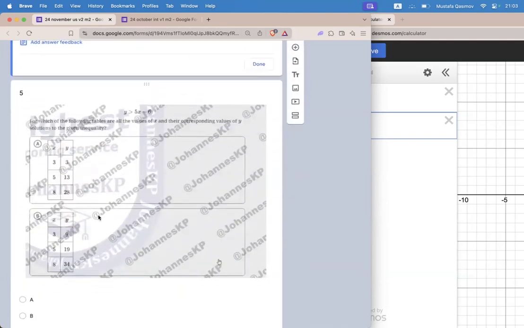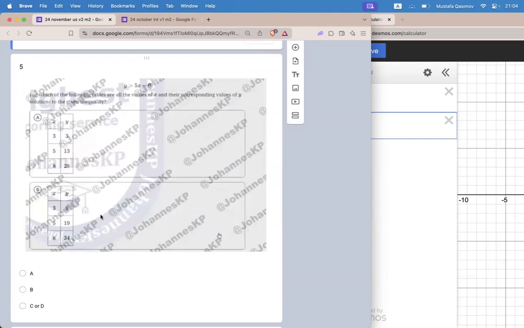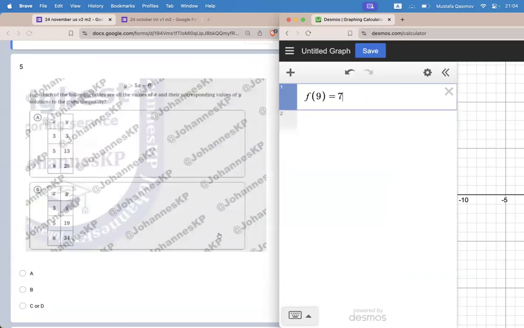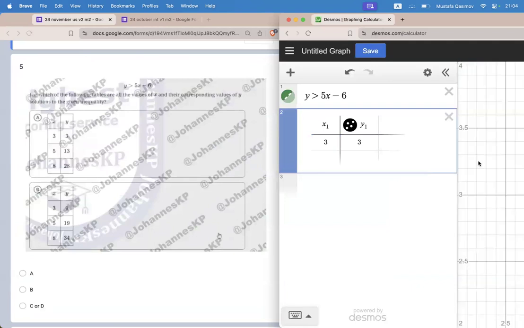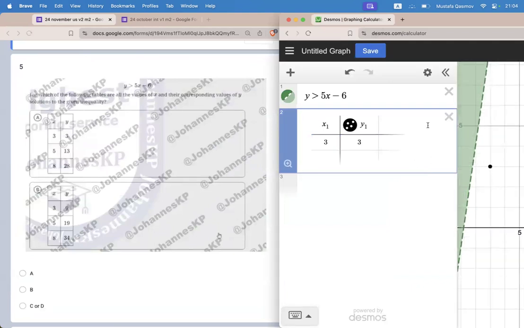5, here we have only two options. If it is not A or B, it means that the answer is C or D. Let's write it to decimals. y is greater than 5x minus 6. Then let's put the answer here. 3, 3. It has to be inside of the green part, so it is not correct. 3, 9.